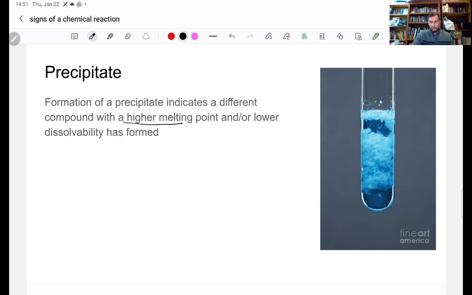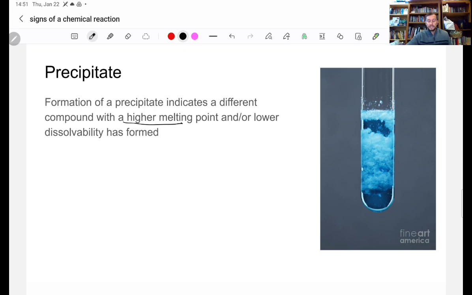So if the pressure and temperature of the environment hasn't changed, but now there's a solid where there wasn't a solid before, that likely indicates a chemical reaction. If it's in liquid, you formed a different chemical which doesn't dissolve as well in water, so now you see a solid, or you formed a different chemical that is a solid at a lower temperature than the previous chemicals you had.